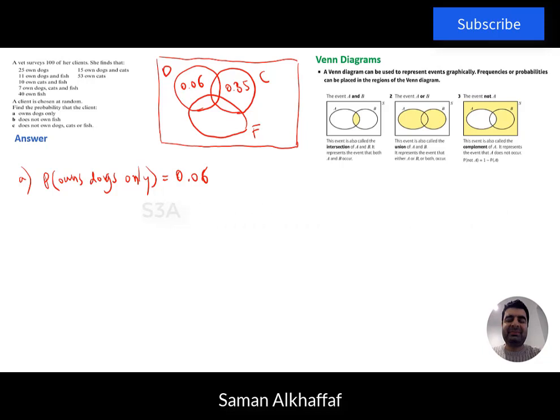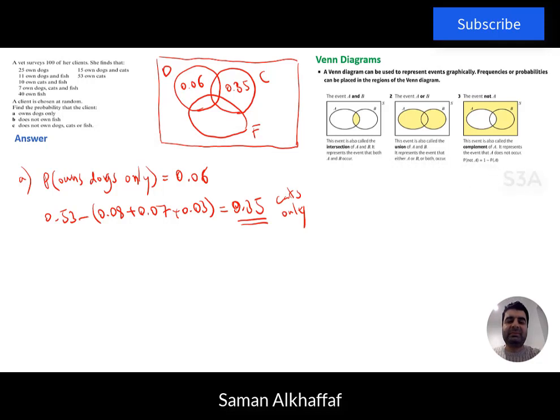The cats is taken from having 0.53, so that's 53 on a cat, and also taken from 0.08 plus 0.07 plus 0.03, which will give us approximately 0.35. So that will be our range for the cat.